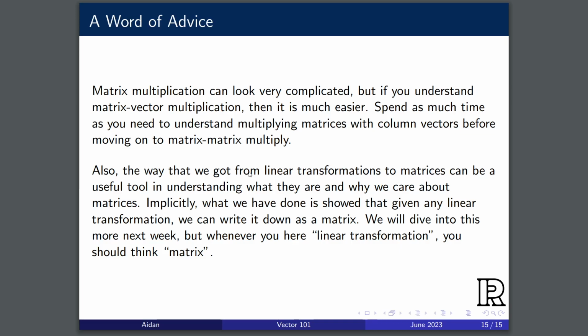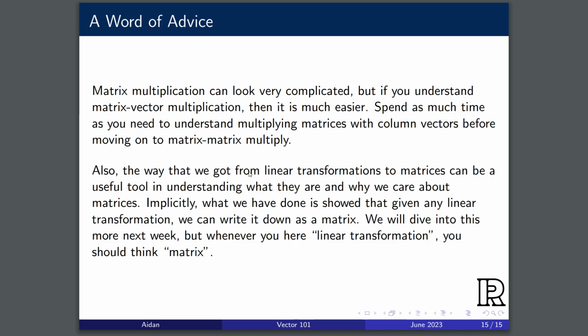Because a column vector is n by 1, and so if you're multiplying vector by matrix, you'd have to have a 1 by m matrix on the right. But for now, just focus on matrix times vector. And then once you feel comfortable with that, you can move on to matrix times matrix.